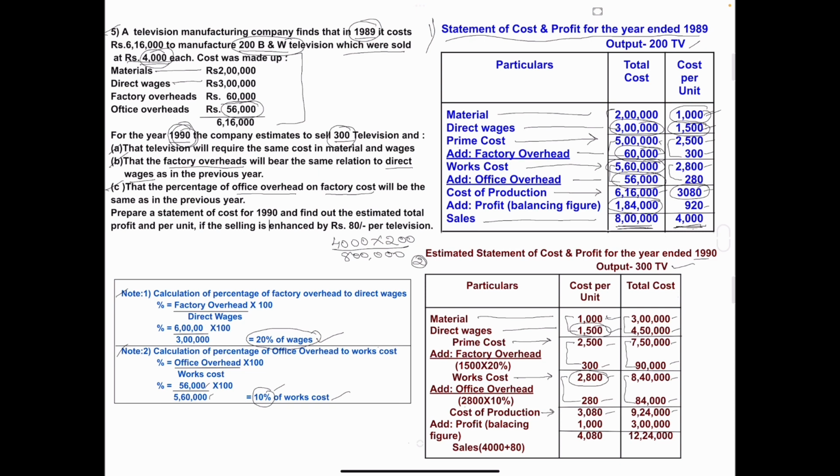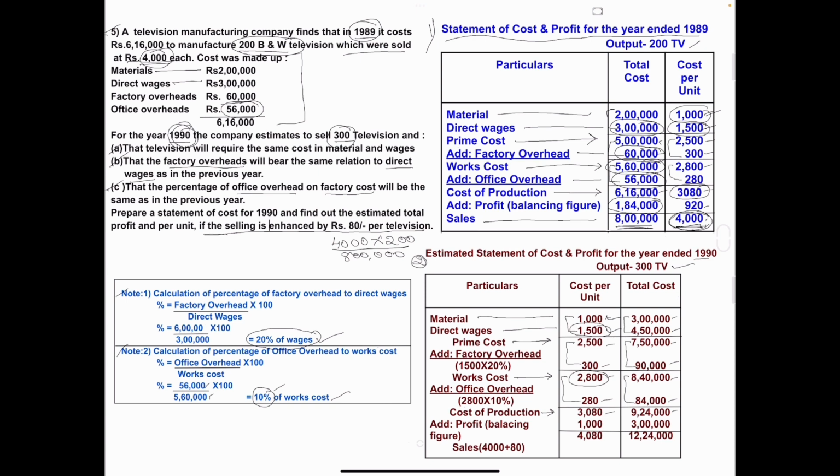For 1990, they have given information related to sales, that if the selling price is enhanced by rupees 80 per television. In 1989, one TV is sold for rupees 4,000. See here, last year's sales amount 1989.